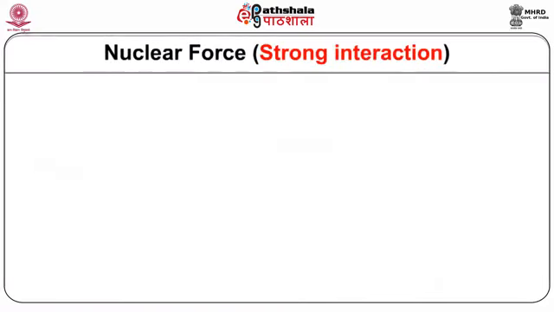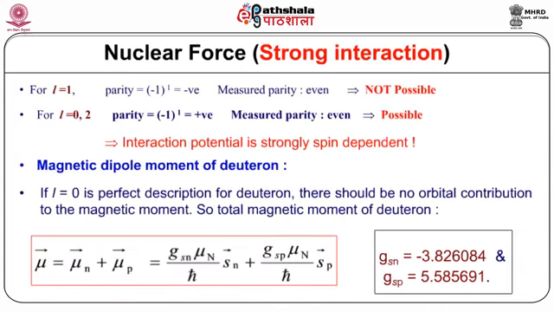We are discussing the case of the deuteron. For L = 1, where L is the orbital quantum number, parity is (-1)^L, that is negative. Measured parity is even, so this is not possible. For L = 0 and 2, parity (-1)^L is positive.